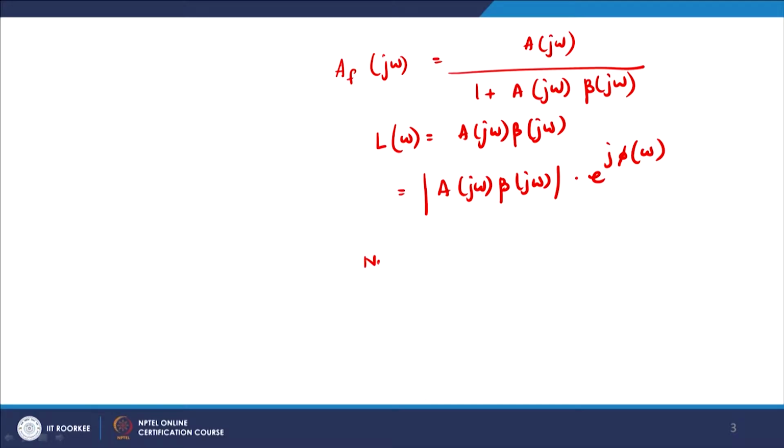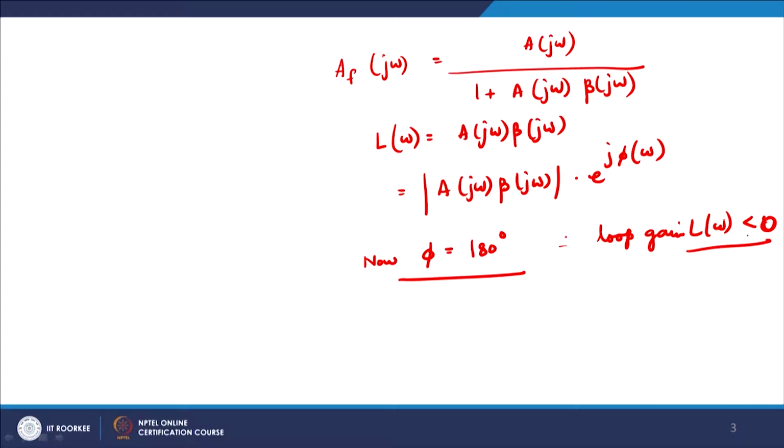Now let us suppose phi happens to be equal to 180 degrees. Then my loop gain, L of omega, will actually be negative, and therefore this whole quantity becomes negative, and therefore A_F of j omega is greater than A of j omega.